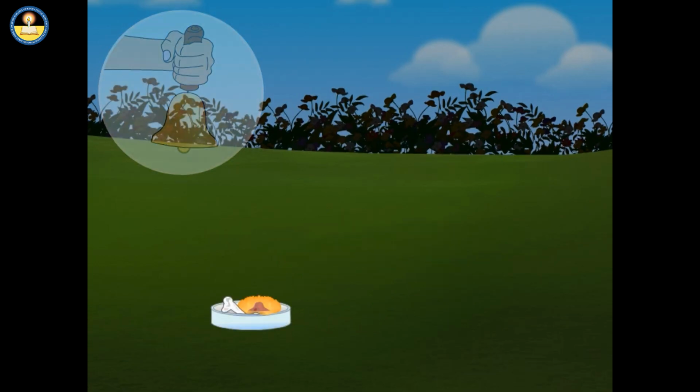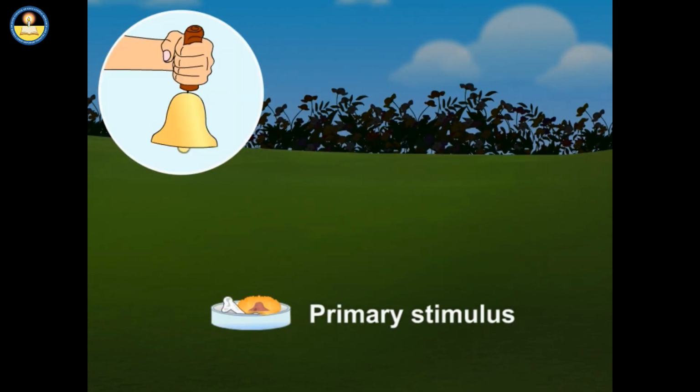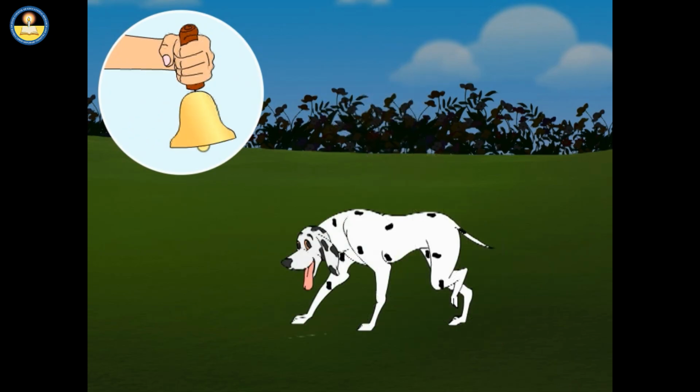The food is called the primary stimulus. The ringing bell is called a secondary stimulus. A ringing bell does not normally cause salivation in dogs. However, when the ringing bell becomes a secondary stimulus, it started causing salivation even when there was no food to eat.